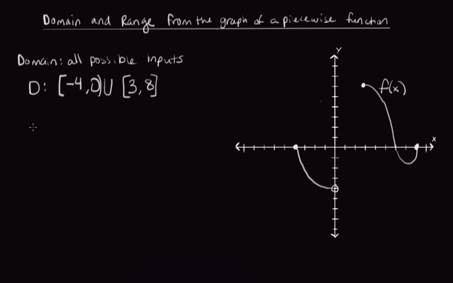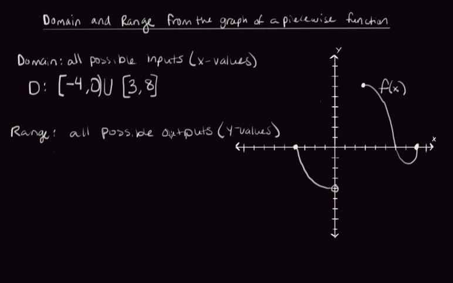So when I go ahead and write my range, so range is all possible outputs, which is y values, and domain is all possible inputs, which is x values.